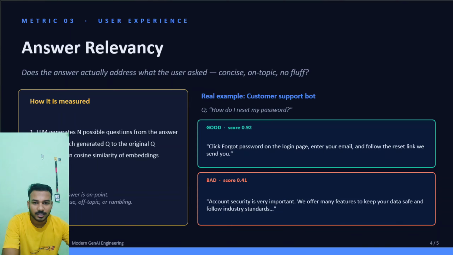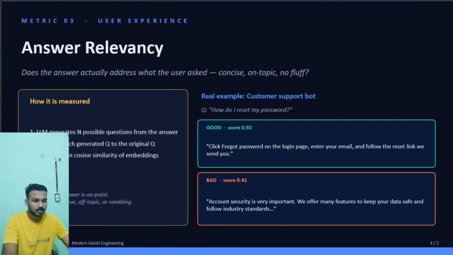If your cosine similarity is high, then you can say that the answer relevance is good. Another way of judging it is LLM as a judge. You use another LLM to judge whether the answer retrieved for the question provided is really correct or not.